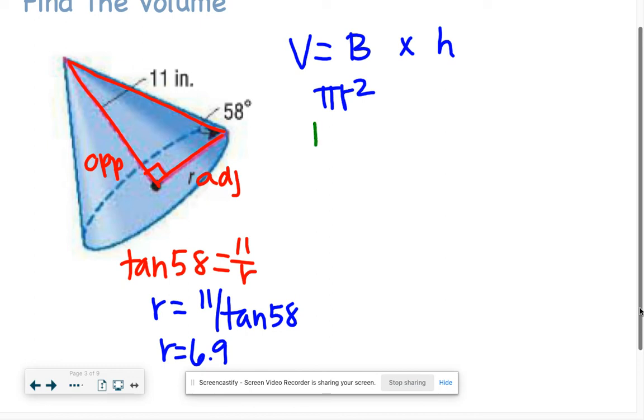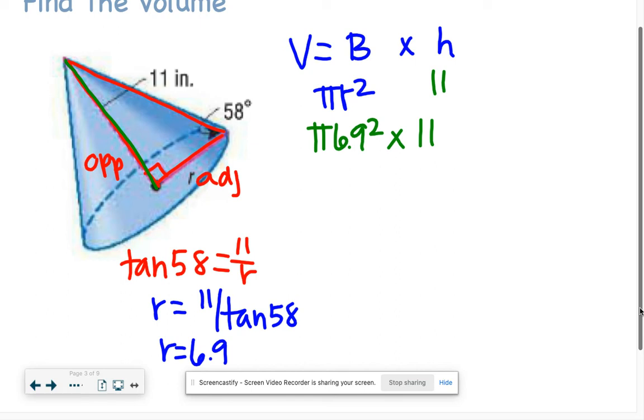So we can plug that in. Pi times 6.9 squared. And then what is the height of our cone? So we want this height that goes from the vertex to the middle of our base, which is 11. So times 11. Let's figure out what that is. Type that into your calculator.